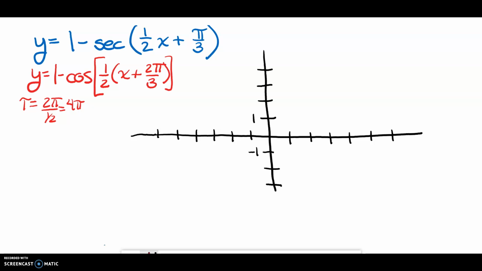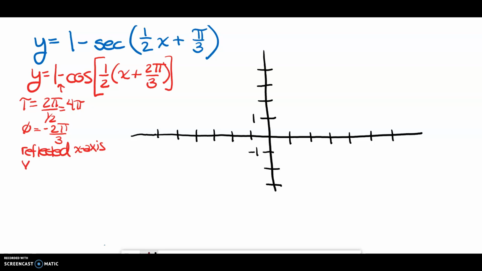Okay, so now I have a phase shift for my cosine function of negative pi over 3, because that's my d value. I have a reflection, right? I have a minus here, so it's being reflected upside down, reflected over the x-axis.